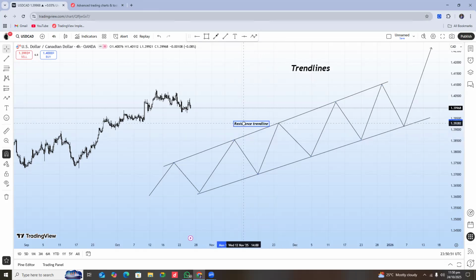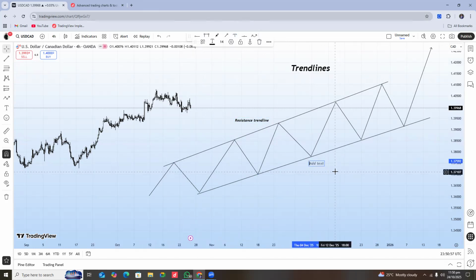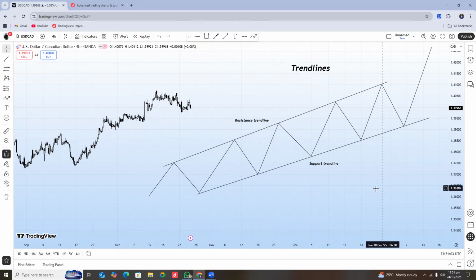I mean this one, the top one, and then we call the bottom the support trend line. Support trend line. Right. Good.